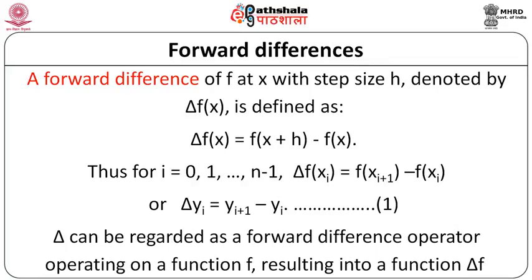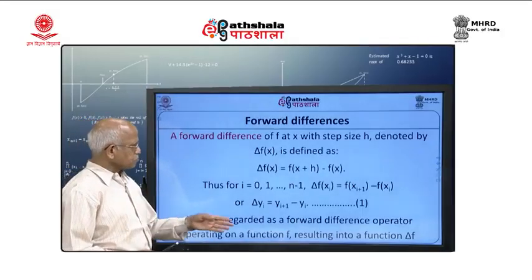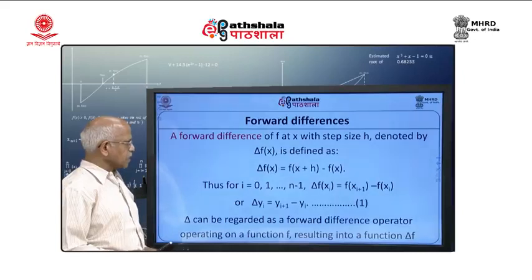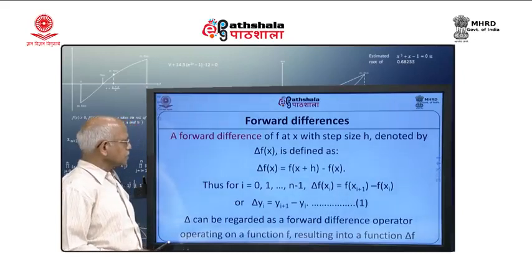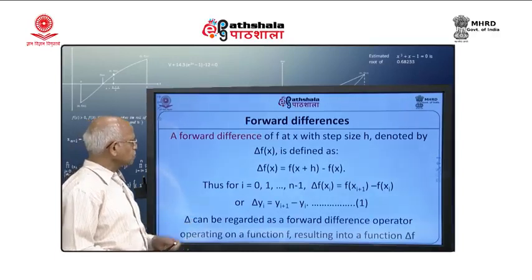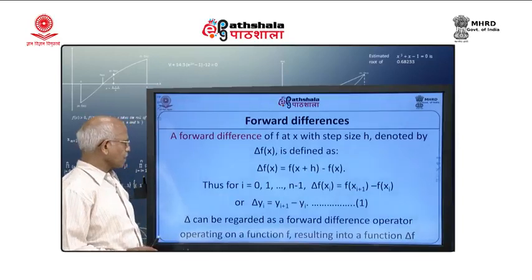f is also a function of x, and if we take specific values of x as xi, for i equal to 0, 1, 2, 3, up to n minus 1, and take delta f(xi), then I will get f(x(i+1)) minus f(xi), that is the forward difference at point xi.